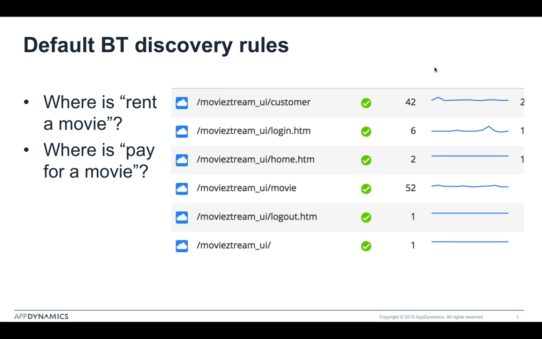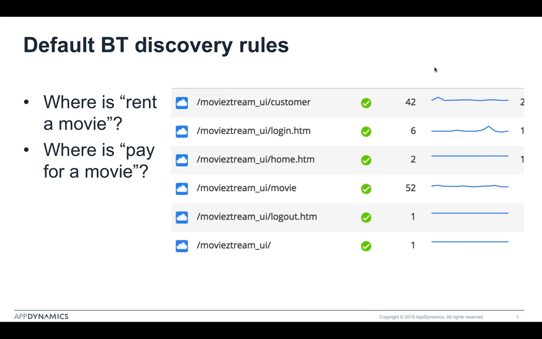Couple of reasons. First of all, trying to automatically guess your business transactions works in some cases, not in others. Everybody's website is different, everybody's business is different, their applications are different. So we take a best guess, but you know your applications way better than we do, and it's always a good idea to set up your list of business transactions so that they really reflect your business.